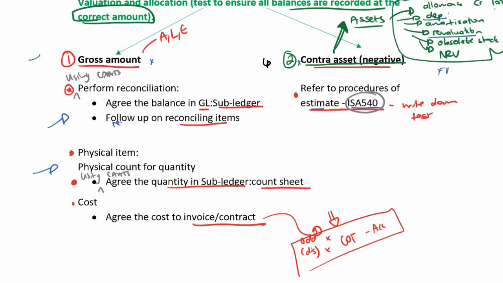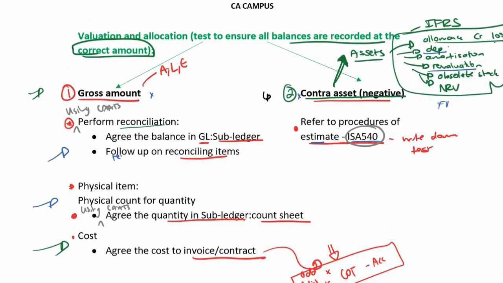The gross amount is a recon, but we said we've already done the recon when we looked at our general procedures. So other than that, we can test the cost by agreeing to invoice or contracts, which is what we did. For the contra asset, the negative, the allowance for credit losses, I say go to ISA 540 procedures.